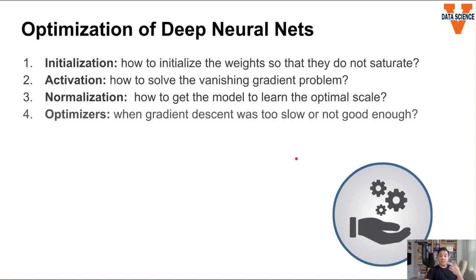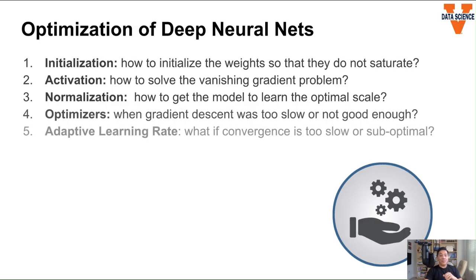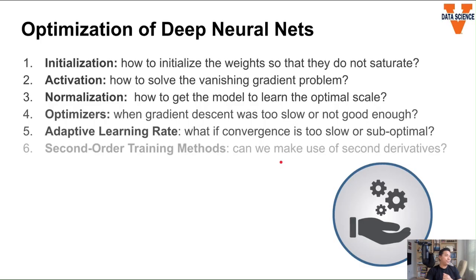Optimizers: we talked about gradient descent, but is this good enough? We also have adaptive learning rates, which some optimizers use to make training faster. And finally, we even look at second order training methods, which make use of the second derivative.